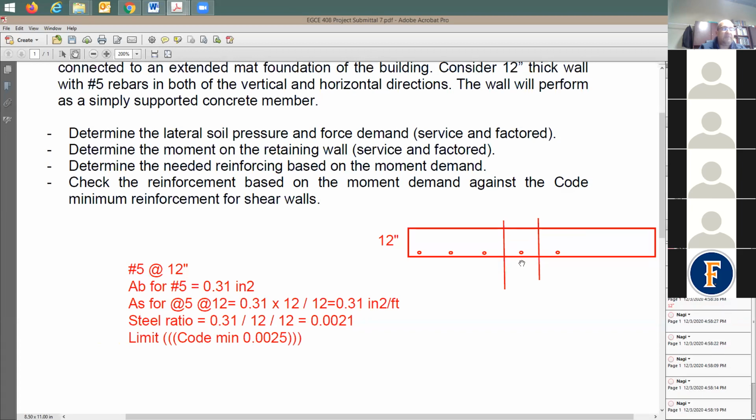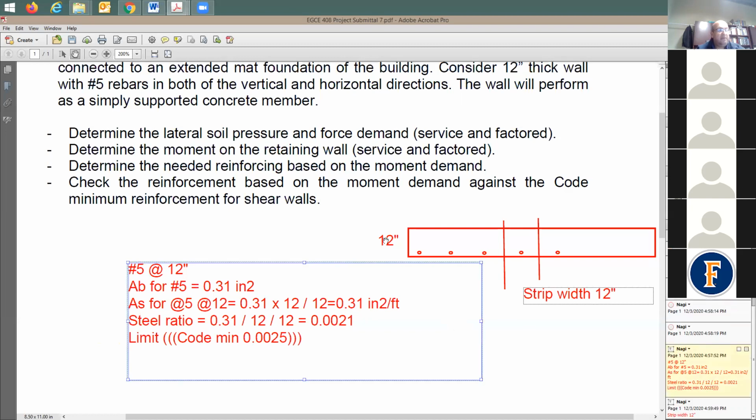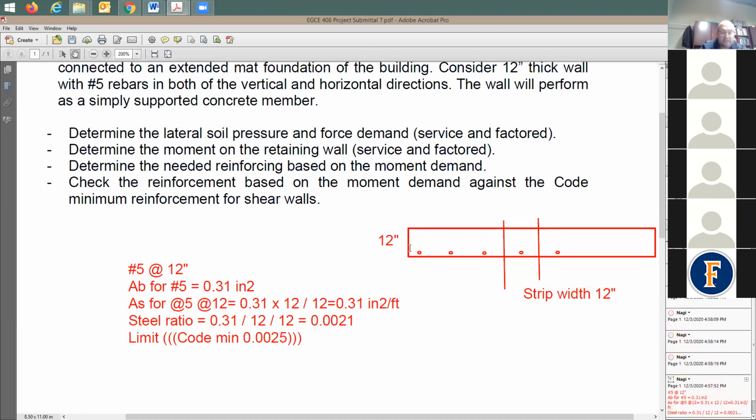The width of the strip is going to be 12 inches. It just happened that the spacing is 12 inch, which is the same as the width of the strip. This one here I'm going to call the strip width, and this one here the wall thickness. Wall thickness is 12 inches.